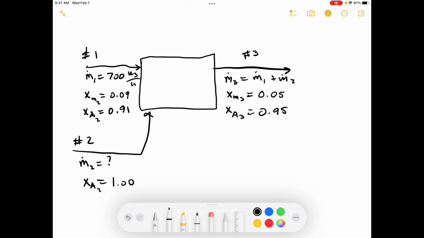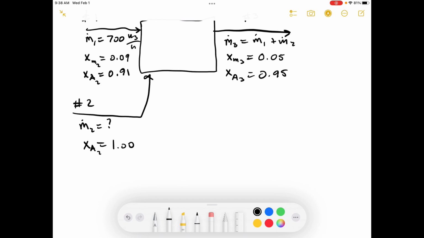And what else do we know? They want us to determine the molar flow rate of stream 2, and they also want us to know how much weight fraction is oxygen in the product stream.